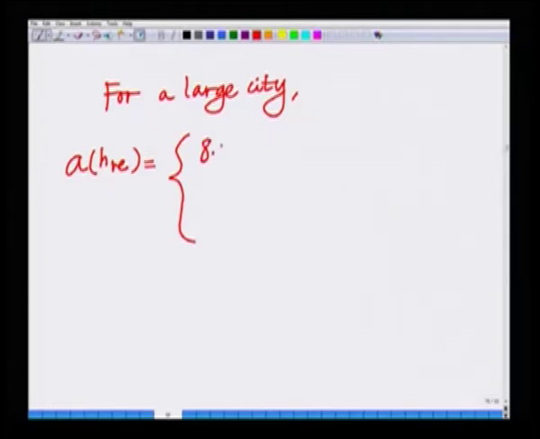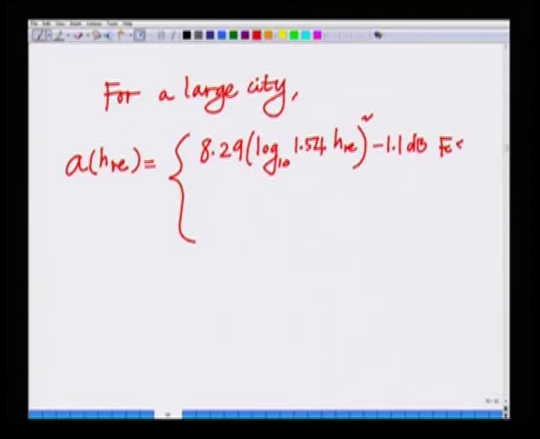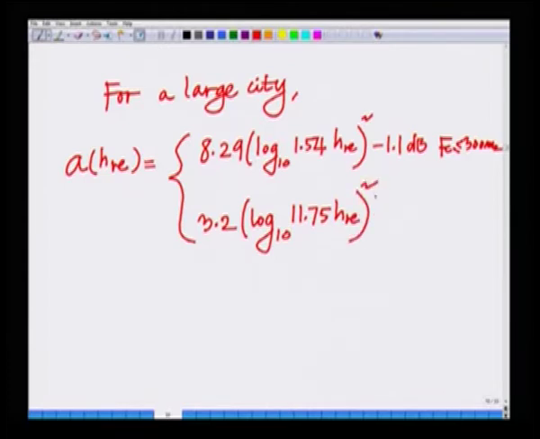One is 8.29 into log 10 of 1.54 HRE whole square minus 1.1 dB if Fc is less than or equal to 300 megahertz, and it is 3.2 log 10 of 11.75 HRE whole square minus 4.97 dB if Fc is greater than or equal to 300 megahertz.